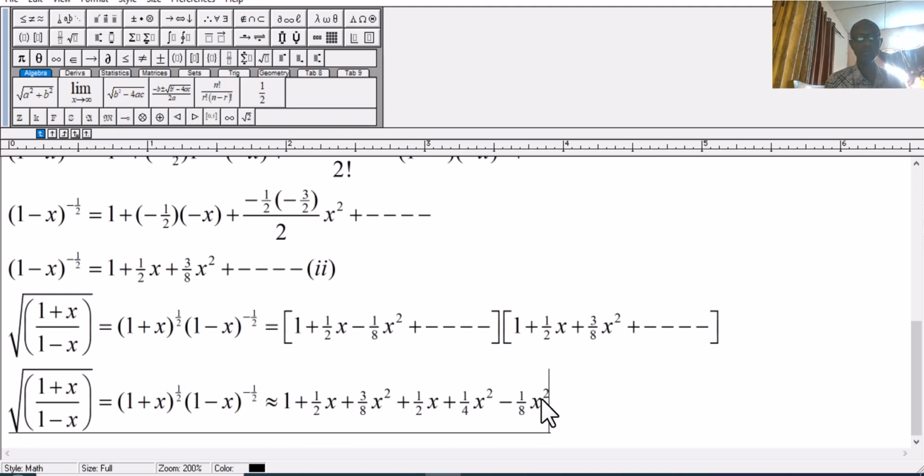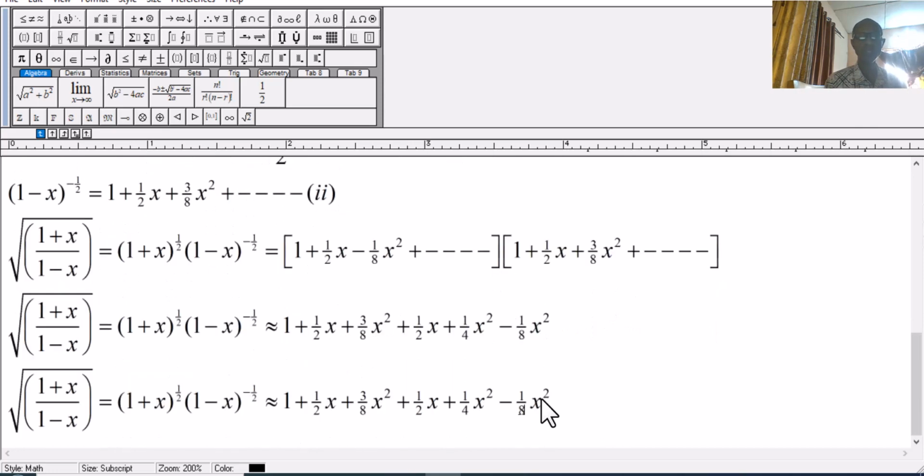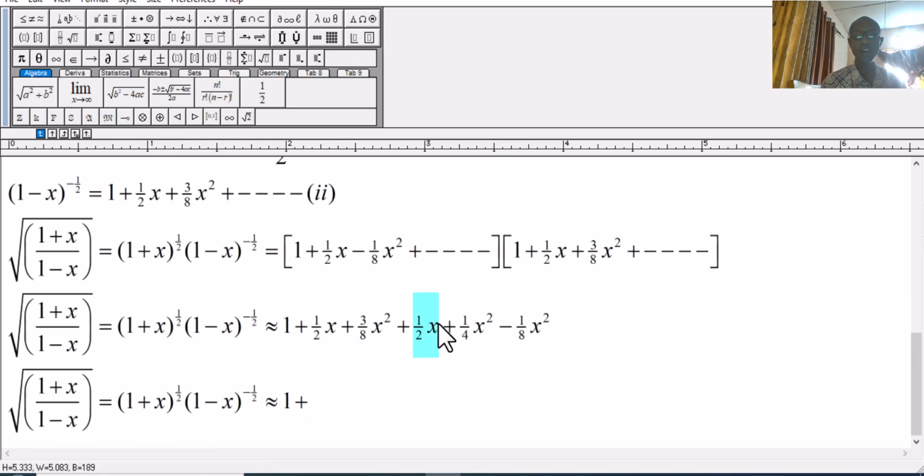So now that we have gotten this, I'm going to copy this. So I want you to see what is happening. So now I'm going to start the addition and add the terms. Add 1. So half x plus half x will give us x.